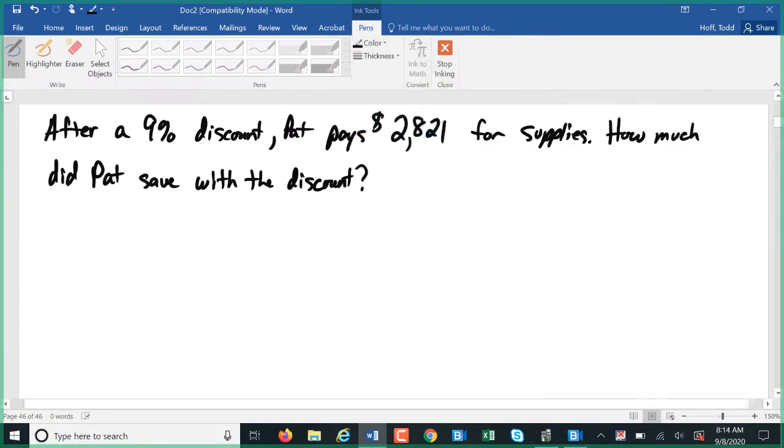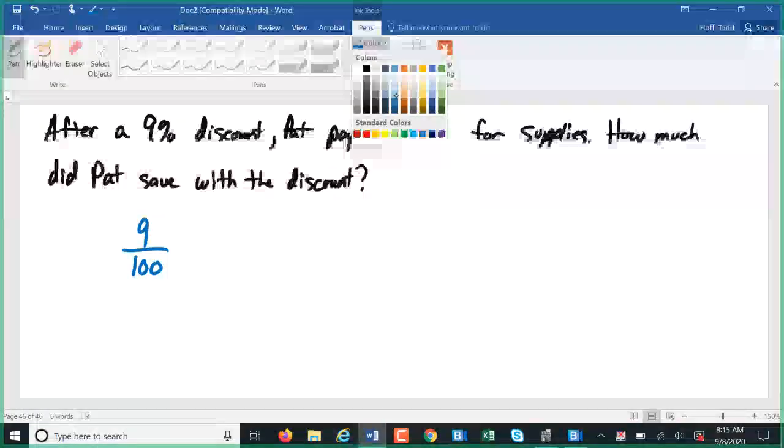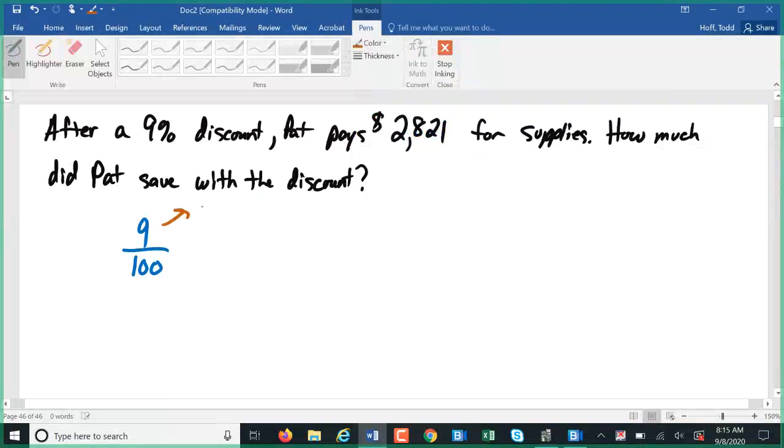Well, here we have 9% discount. 9 out of 100. Well, the 9 is the amount of the discount. That's what we're trying to find, is the amount of the discount. But the 100 is the list price. We do not have the list price in this problem anywhere.